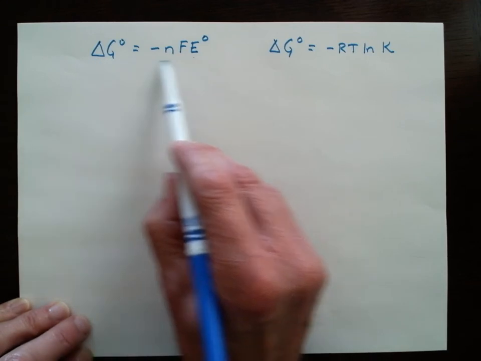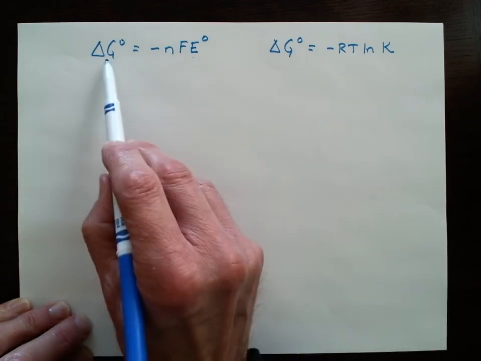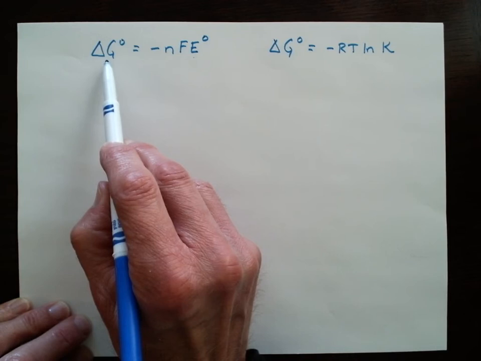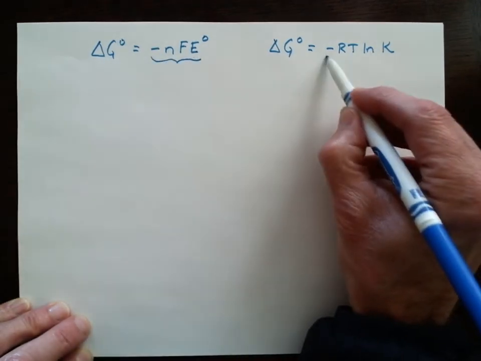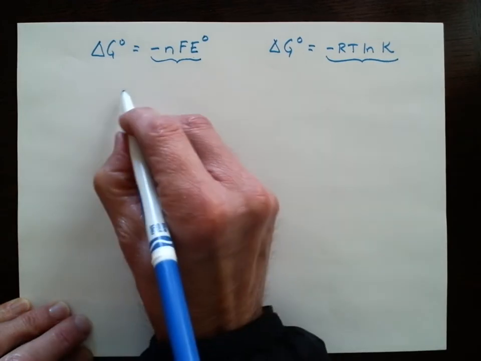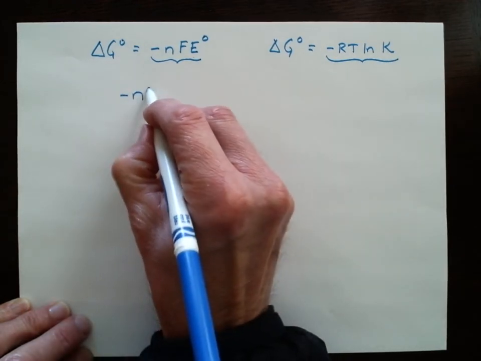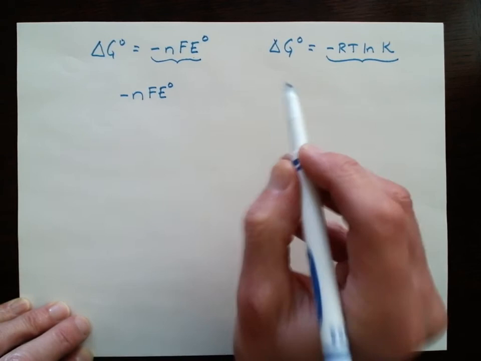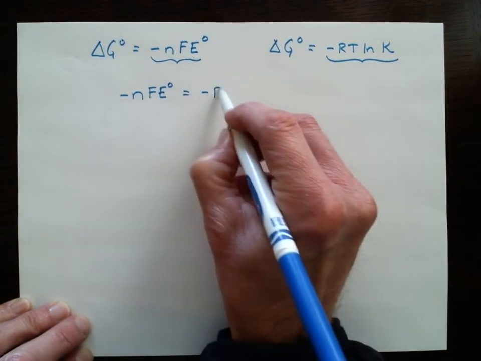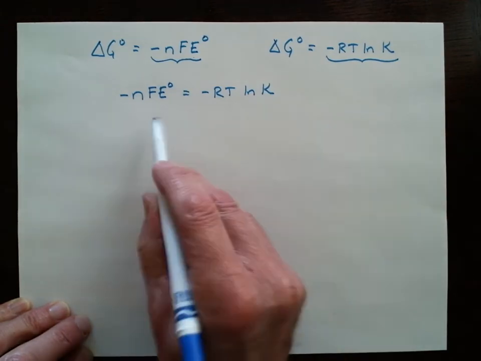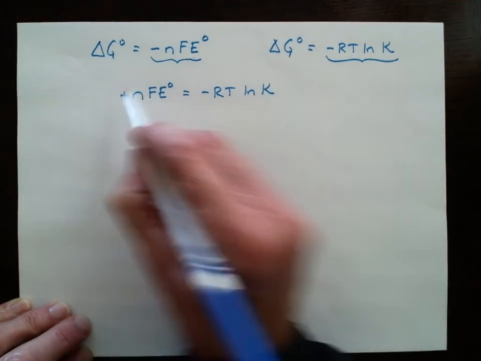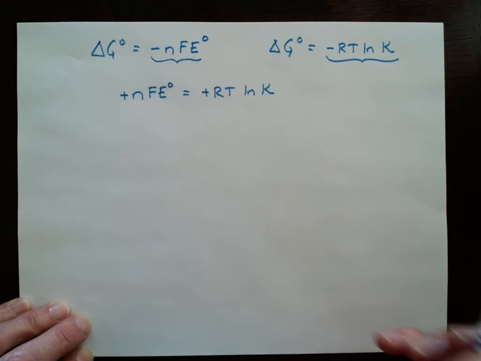Both of these equations are equal to the standard Gibbs energy on the left, so I can set this equal to this. Minus nF E cell is going to be minus RT natural log of the equilibrium constant. Since there's a negative sign on each side, we can just make both those positive.